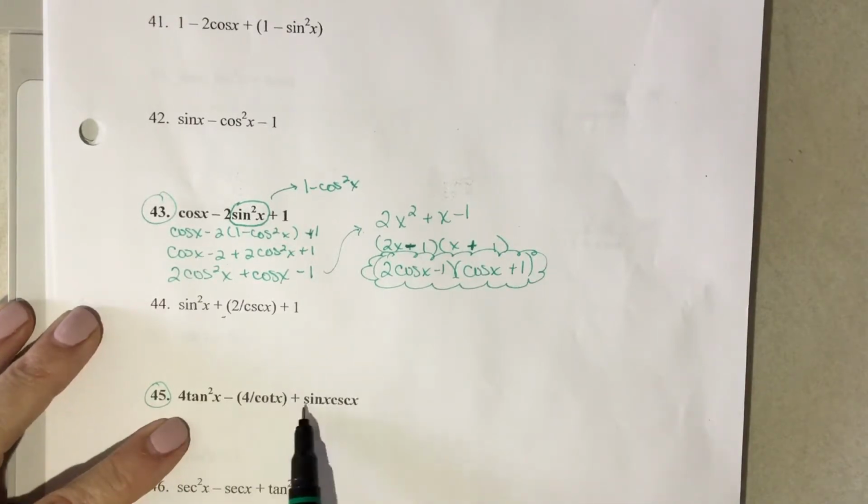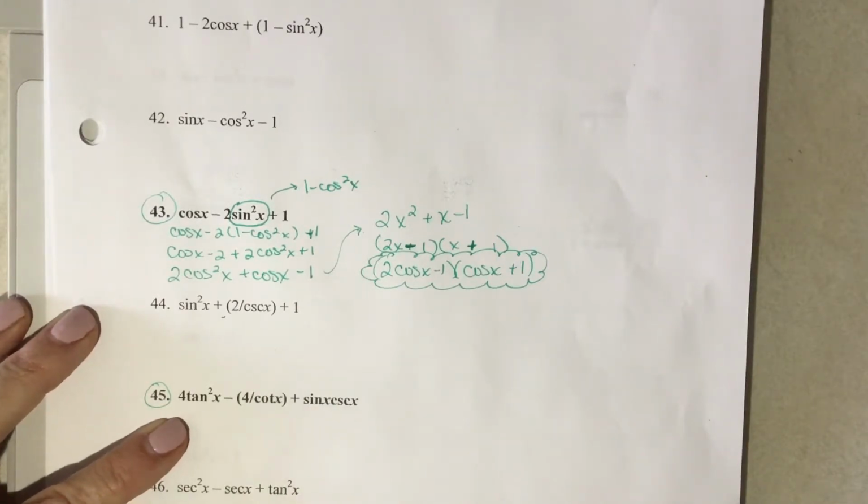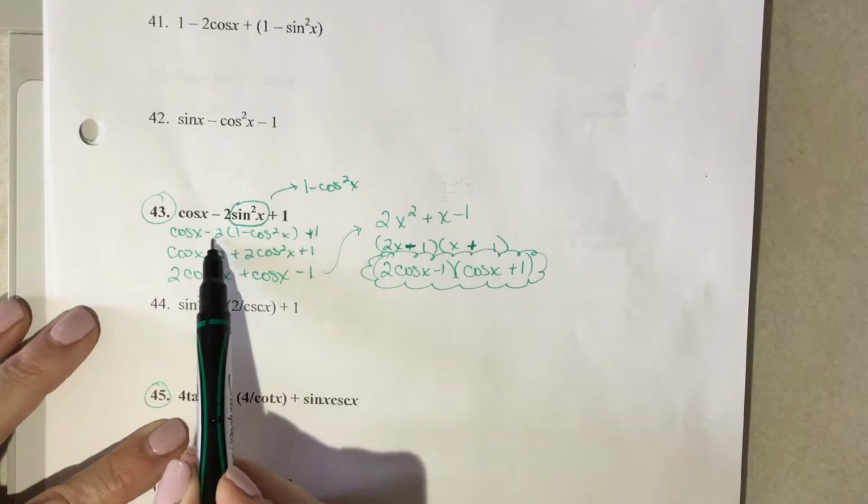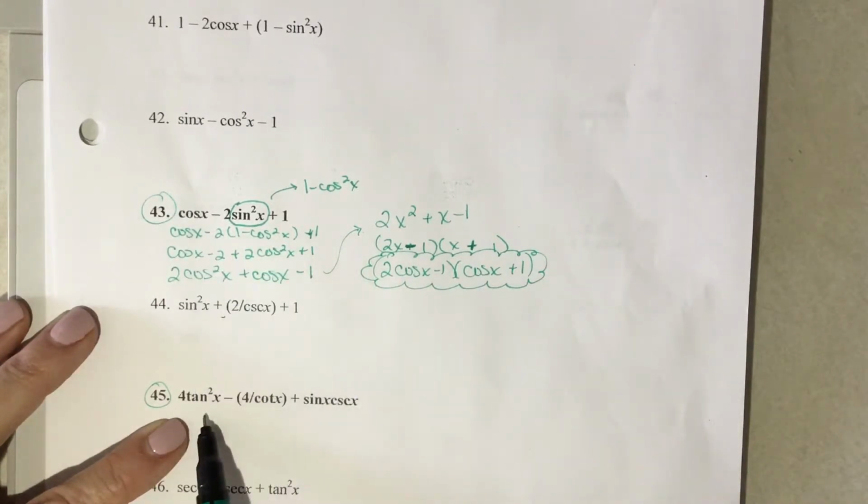I have 1, 2, 3, 4 different trig functions. Not nice. So here's a thought process. I want them all in terms of one trig function. The one above was fairly simple because it was just sine and cosine. But down here, I've got 4 different ones. So which one am I going to go for? I'm going to go with tangent squared here.